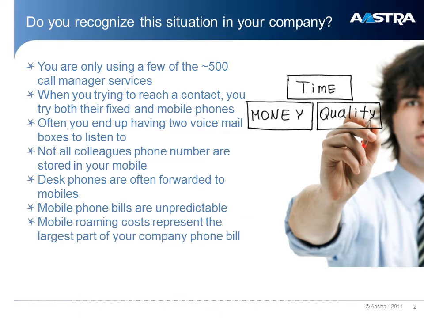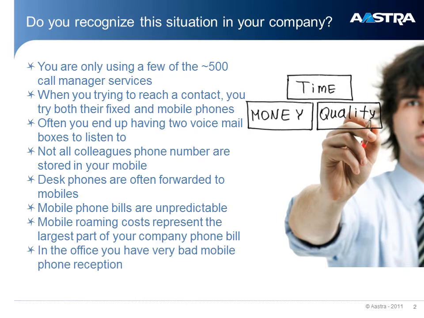Also, the mobile roaming cost for people that are traveling could stand for a very large part of the company phone bill. With the LCR solution you can save up to 50% or even more by using the LCR solution in the AMC. In the office it could be that you have very bad phone reception.